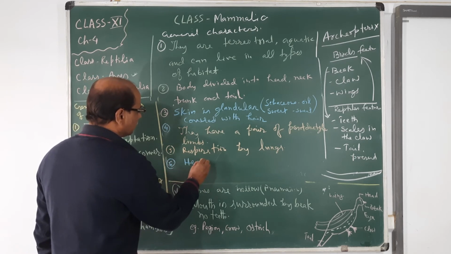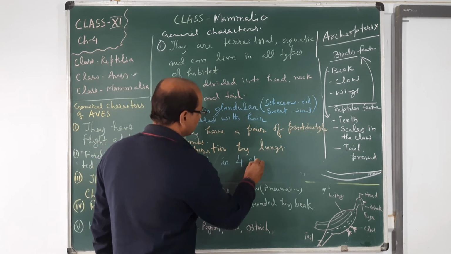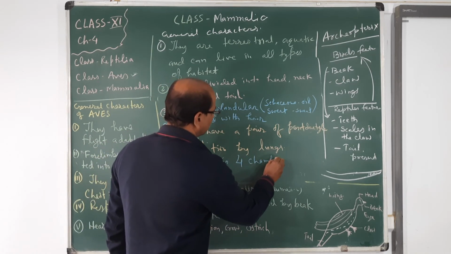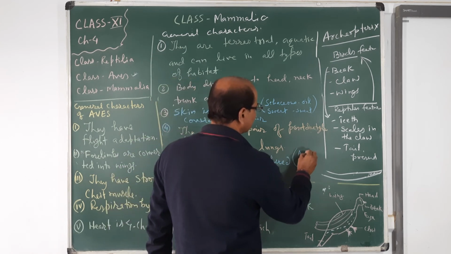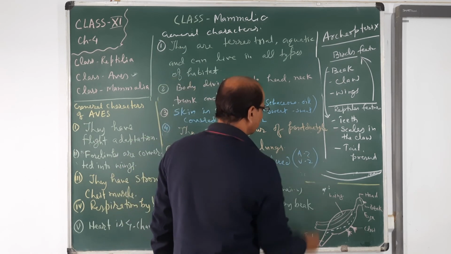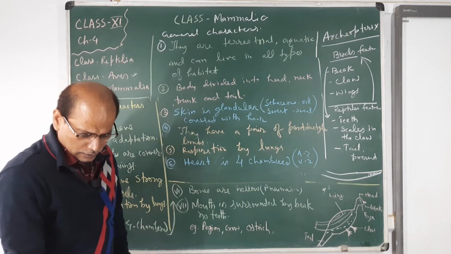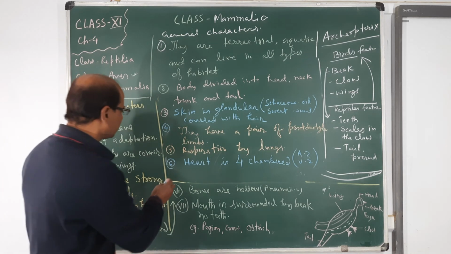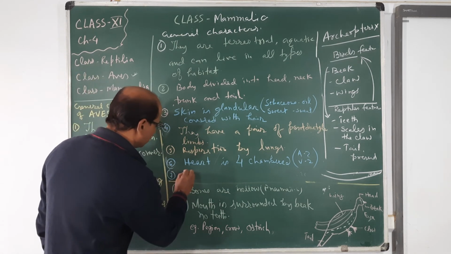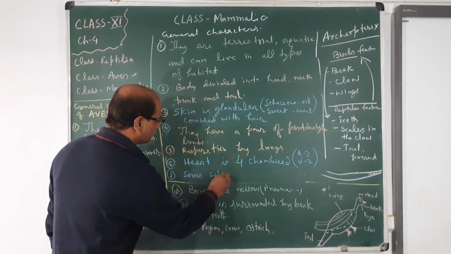Auricle and ventricle: 2 auricles, 2 ventricles, upper and lower sides. The sexes are usually distinguishable. It means sexes are separate.